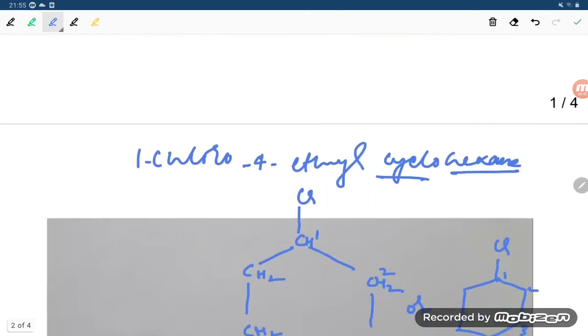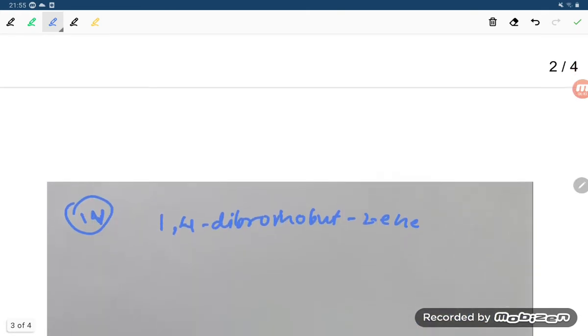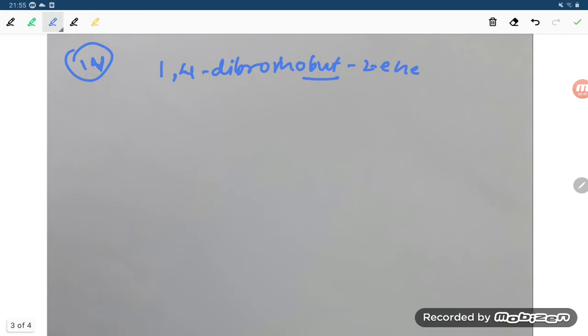So but is there, student, and on the second position ene is there. Firstly but, the longest carbon chain: meth, eth, prop, but. On the 2 position a double bond is there. Suppose the numbering is 1 2 3 4. So on the fourth position Br is there, on the first position Br and the fourth position also Br.